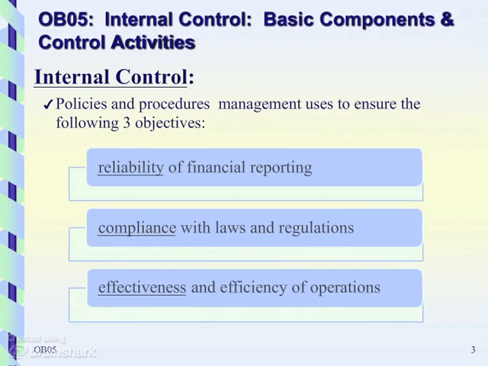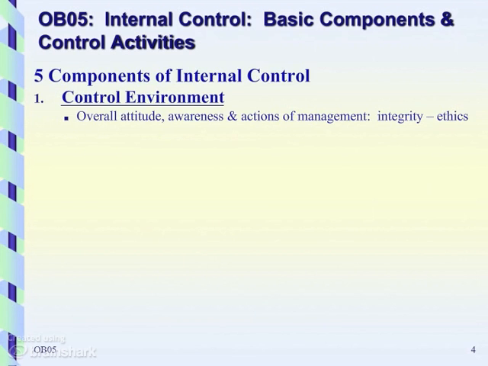In order to achieve these 3 objectives, there are 5 components that make up internal controls for a merchandising business. The 5 components of internal control begin with, first, controlling the environment.